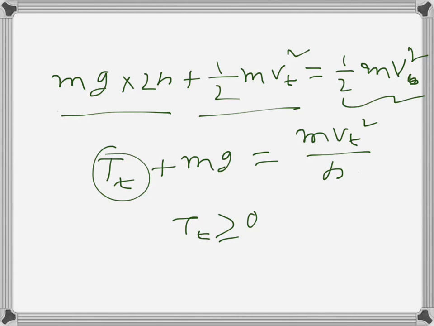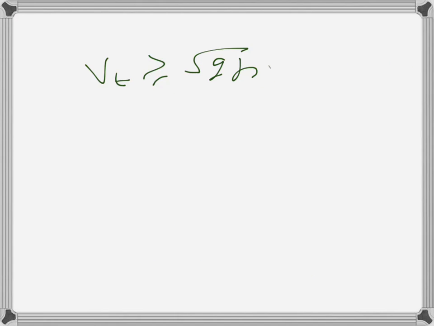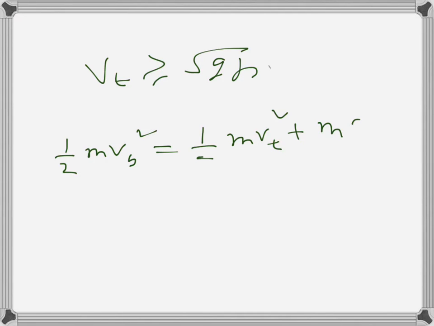So from that we could say m vt square over r is greater than or equal to mg, which leads to vt is greater than or equal to square root of gr. Then if we go back to this equation, we can say half m vb square equals half m vt square plus mg into 2r.